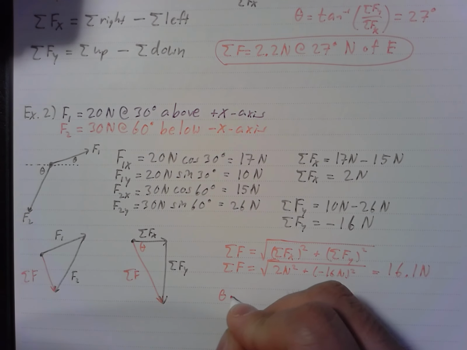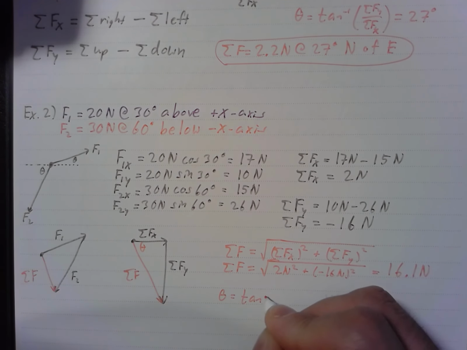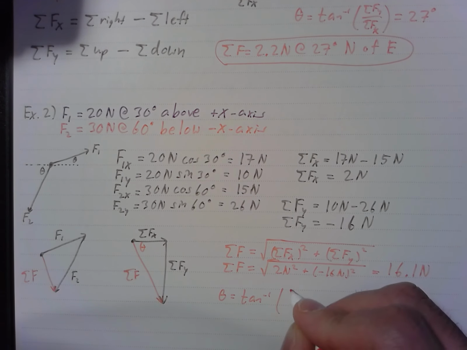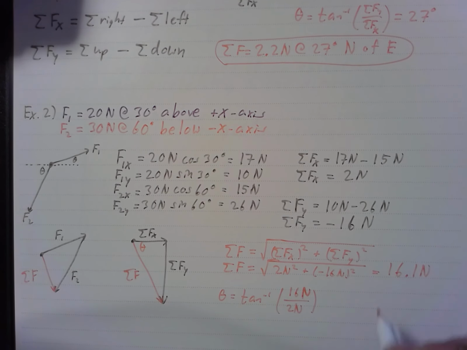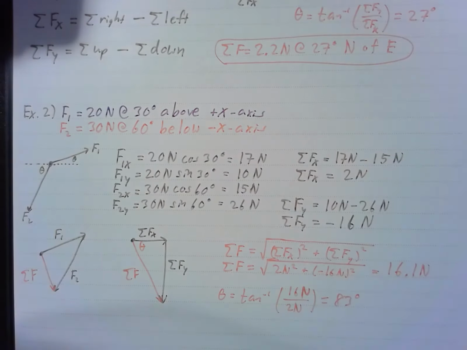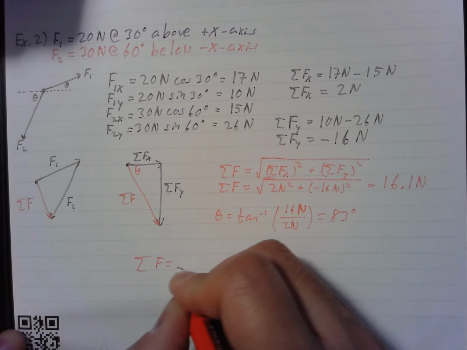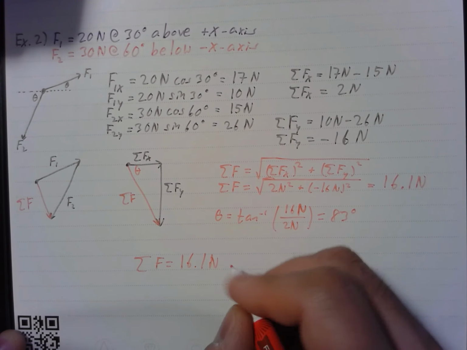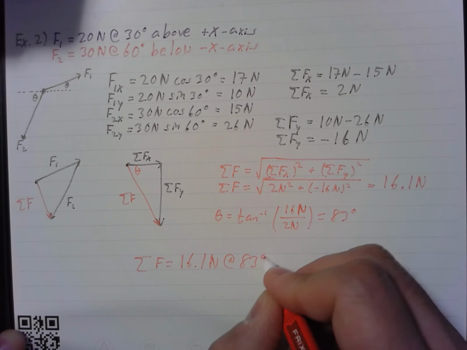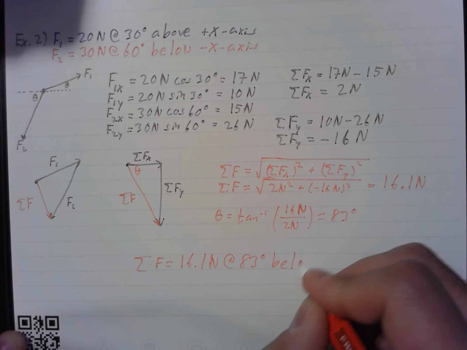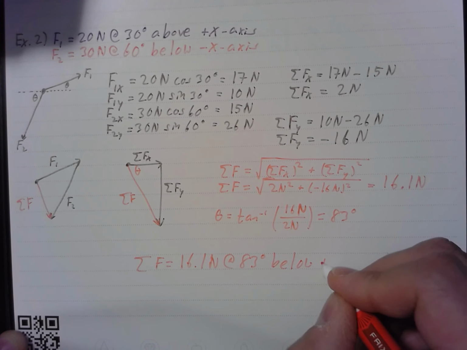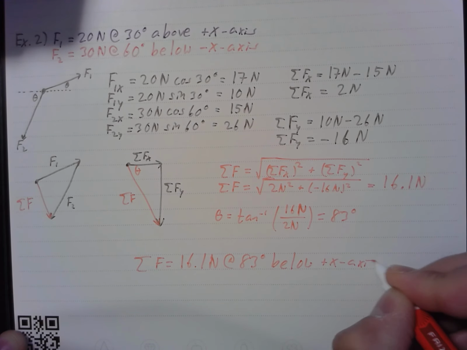And then the angle: inverse tangent of 16 over 2. That angle is going to round to about 83 degrees. So when I put this all together as an answer, my net force is 16.1 newtons at 83 degrees below the positive x-axis.